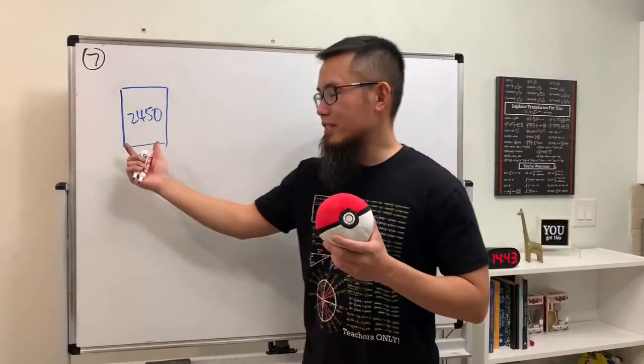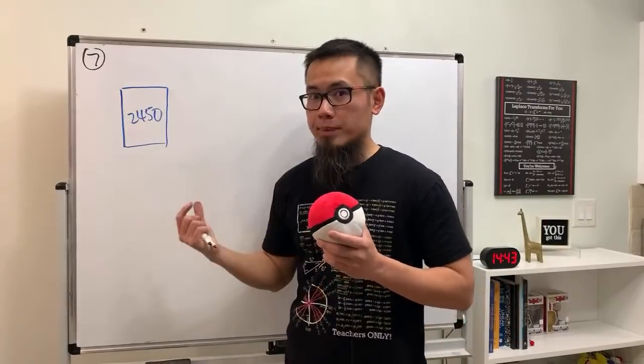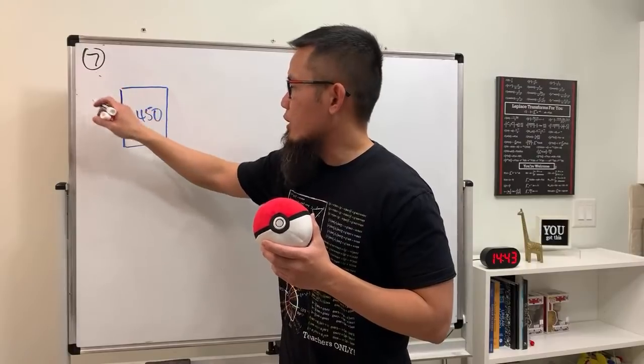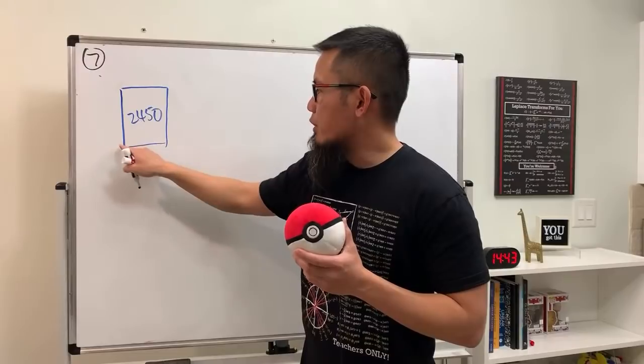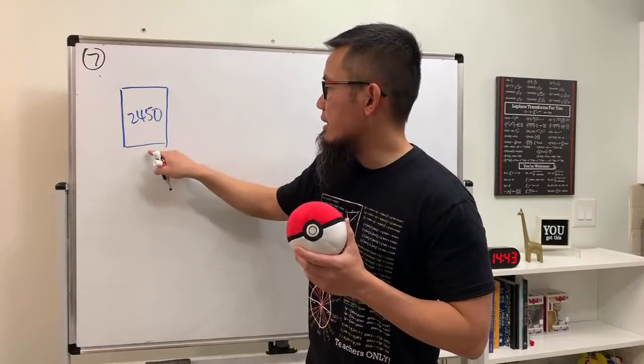But usually when you have a swimming pool, it's not enough. You must have decks around the swimming pool, so you will have a bigger rectangle around it. The distance from here to here is going to be 5 and 5, 10 and 10.